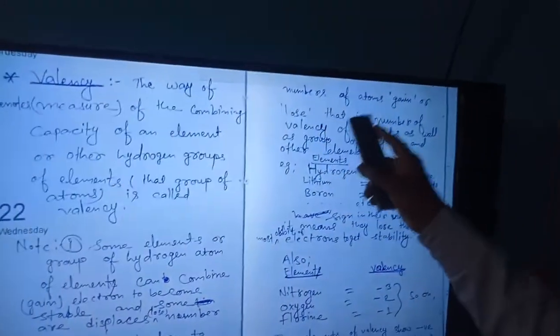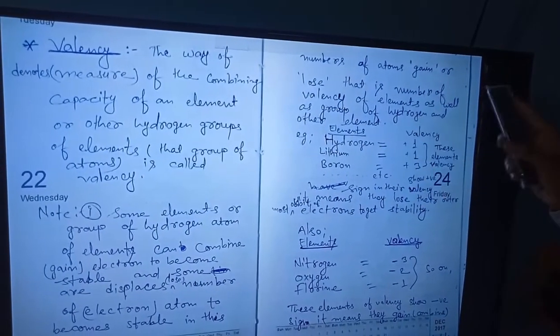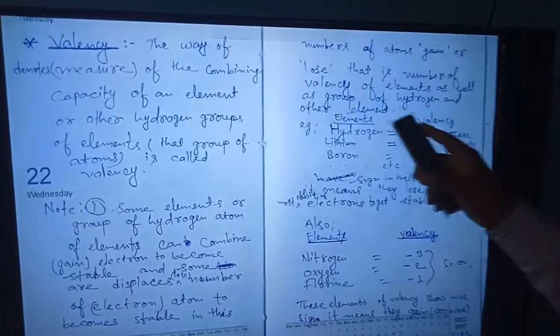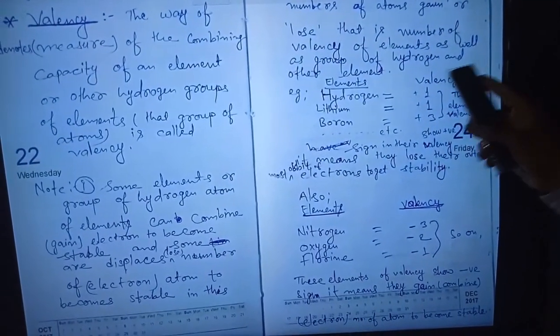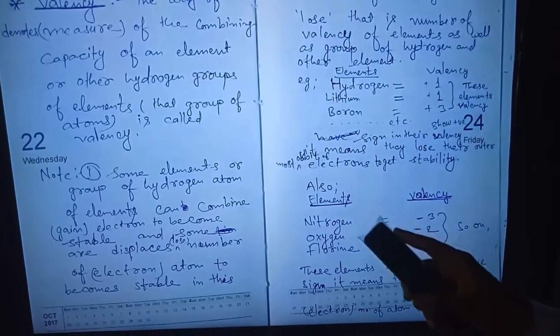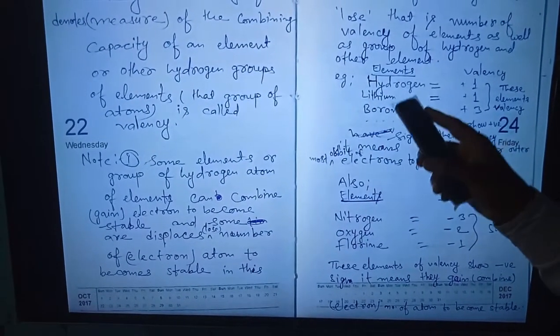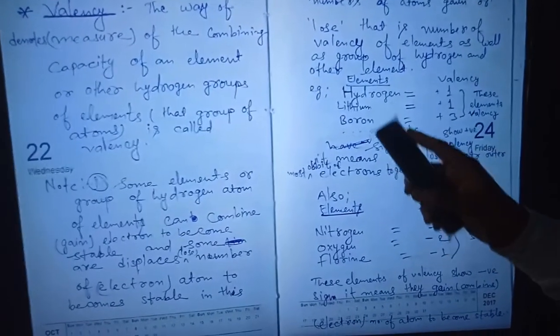In this, the number of atoms gained or lost is the valency of the elements as well as groups of atoms. Now for examples, the element names and their valency.